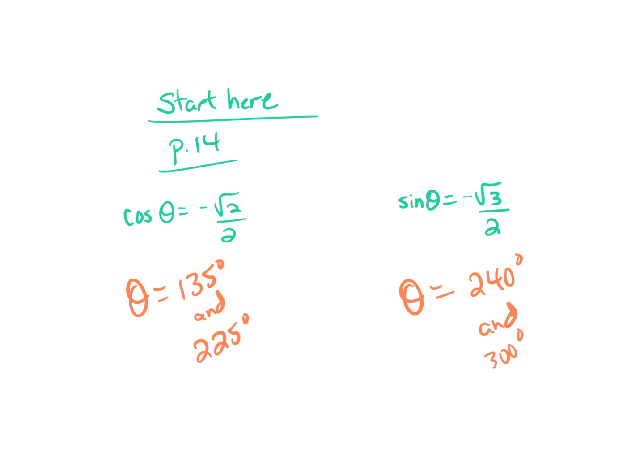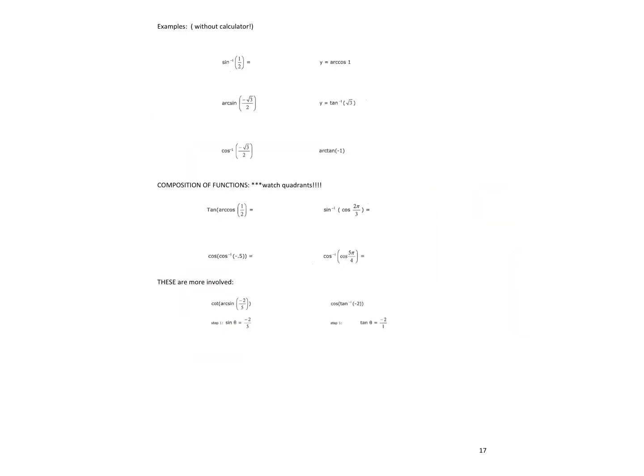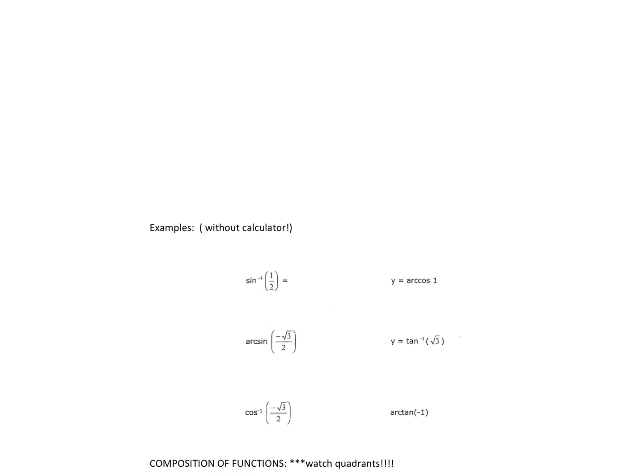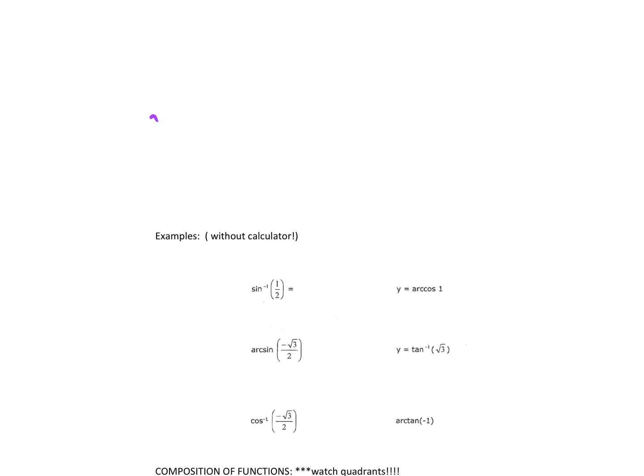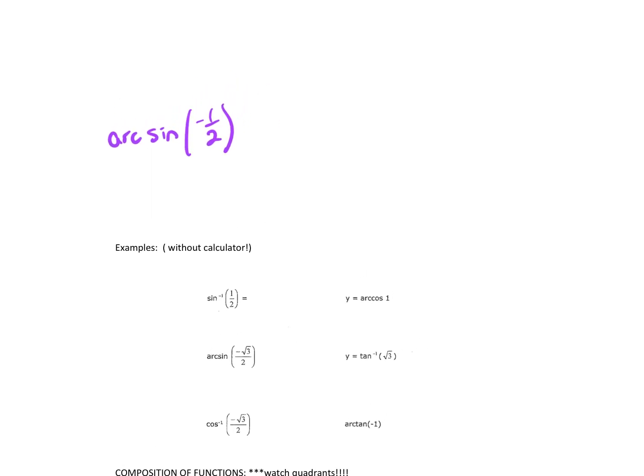The first thing to mention is that we've got some other vocabulary to become familiar with. If we are asked to find the arc sine of -1/2, I want to look at these two together, where we have the arc sine of 1/2 and the arc sine of -1/2.